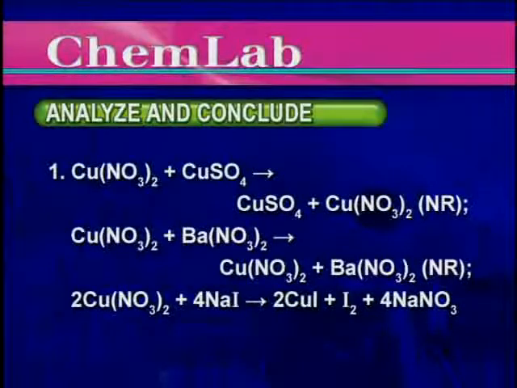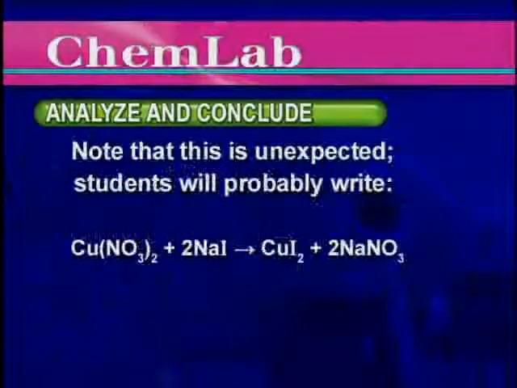CuNO3 plus BaNO3 yields CuNO3 plus BaNO3, NR. 2CuNO3 plus 4NaI yields 2CuI plus I2 plus 4NaNO3. Note that this is unexpected. Students will probably write CuNO3 plus 2NaI yields CuI2 plus 2NaNO3.